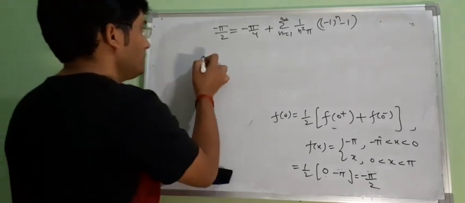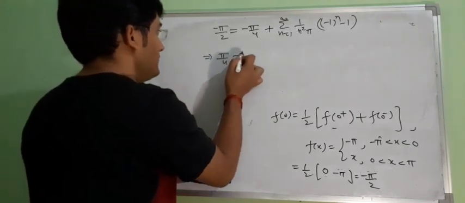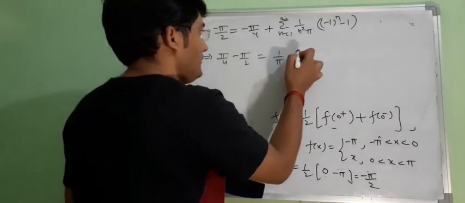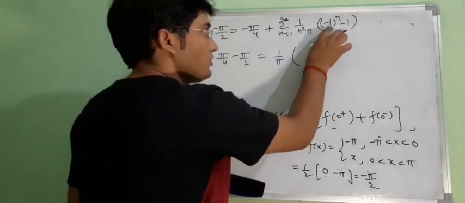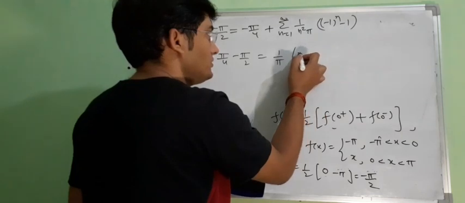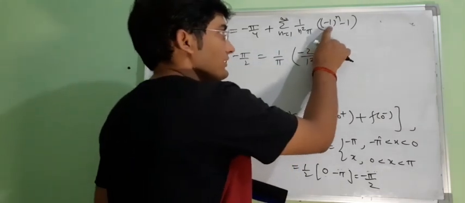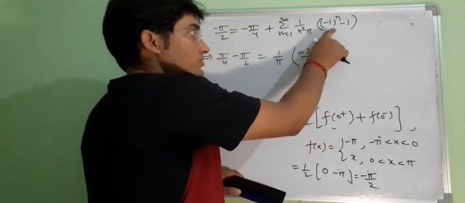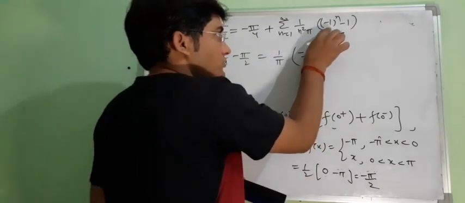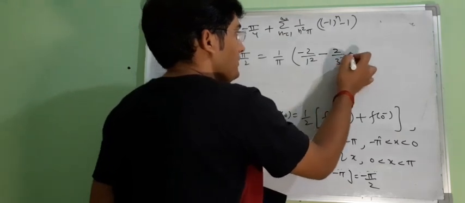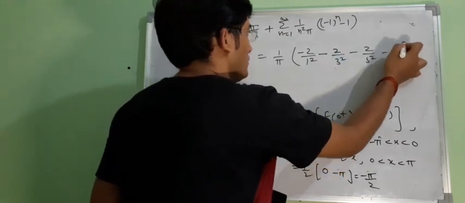So this is equal to pi by 4 minus pi by 2 is equal to 1 upon pi. Now if n is 1, then this will be minus 1, and that is minus 1, so this will be minus 2 upon 1 square. If n is 2, then this will be plus 1, and that is minus 1, so this is 0. Again, if n is 3, we will have minus 2 upon 3 square, then minus 2 upon 5 square, and so on.